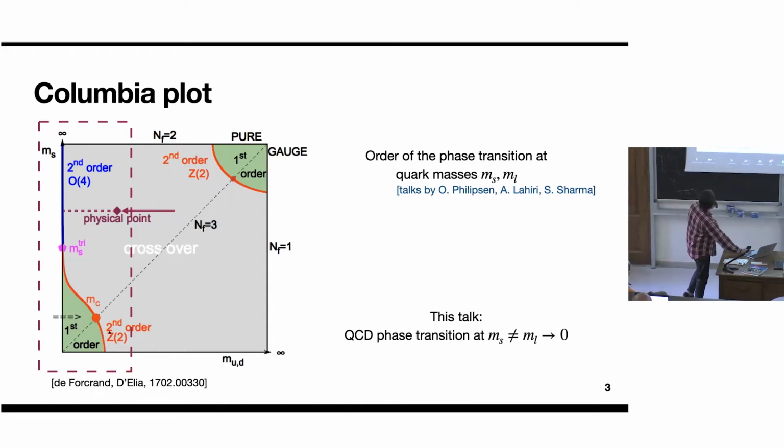Now let's look at the Columbia plot, and at this axis here. As we already heard before, there are several possibilities, and there are results which indicate different scenarios. Either there is a first order region in the lower left corner at 3 massless flavors, or there is no first order region. If there is a first order region, it can stop here, or it probably goes up to the top.